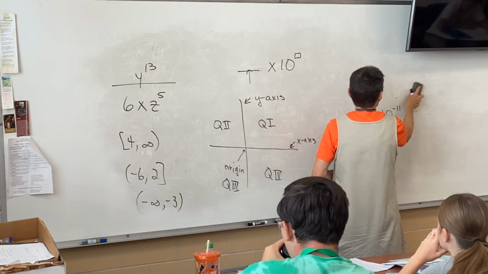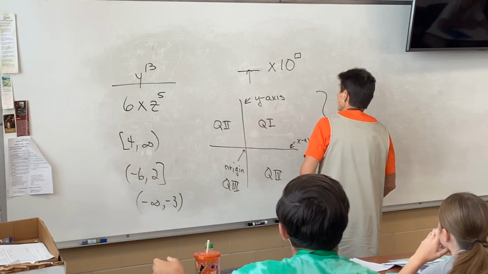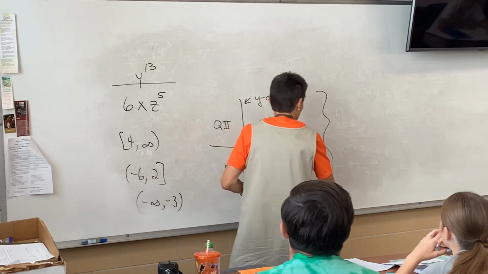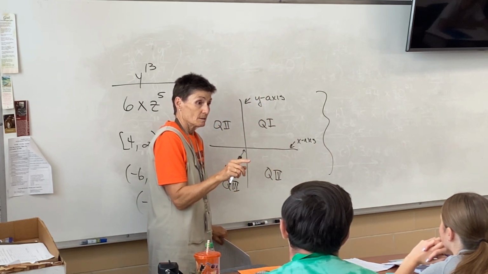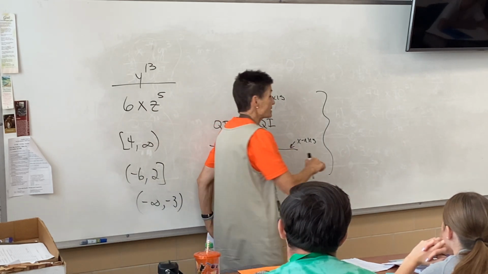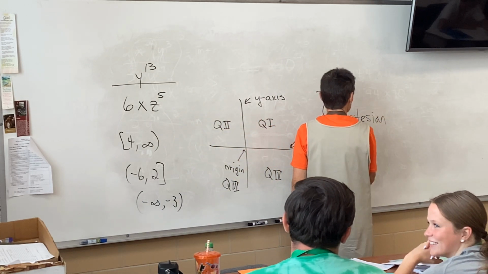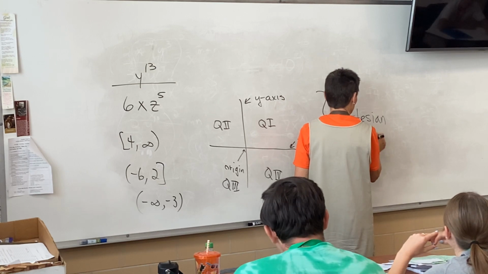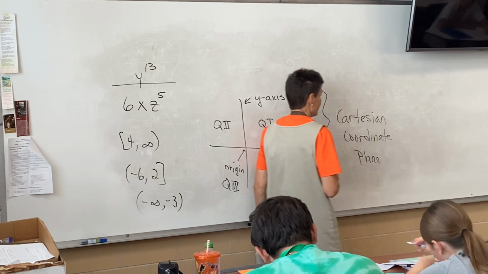Anybody know? What's this called? This whole thing right here, what's that called? It's called which coordinate plane? Good guess. It's called the Cartesian coordinate plane. Have you heard that word before? Have you heard of René Descartes, one of the great mathematician philosophers?